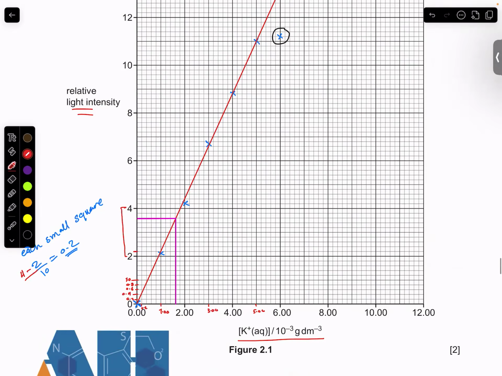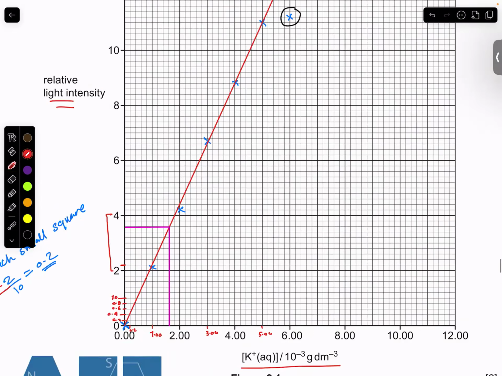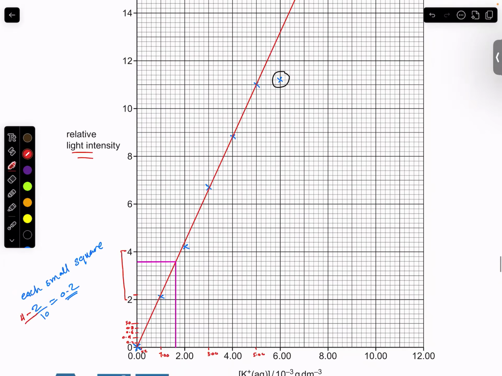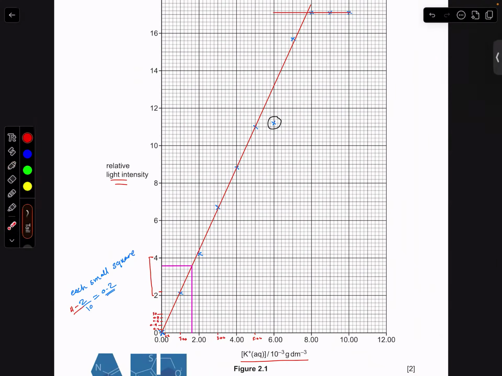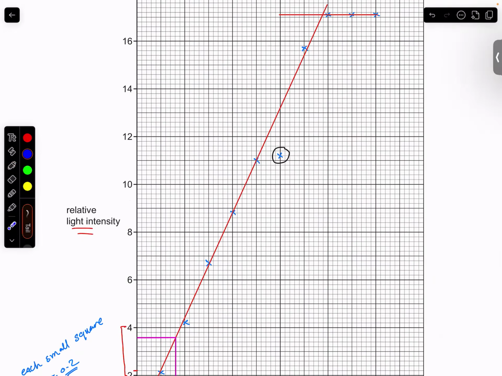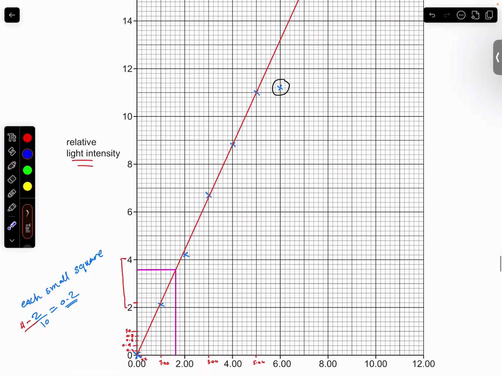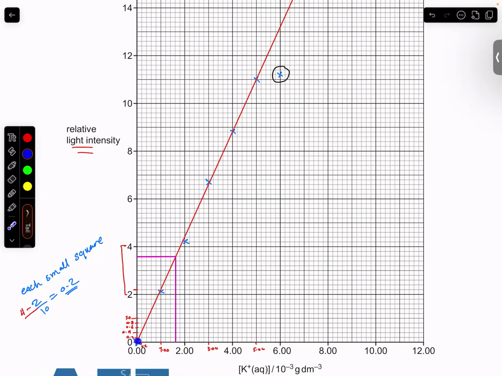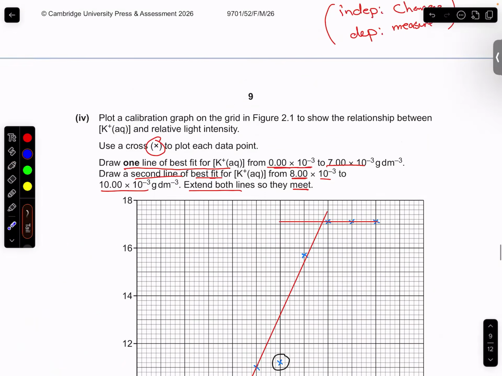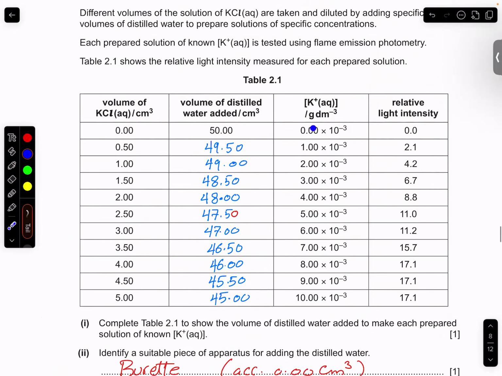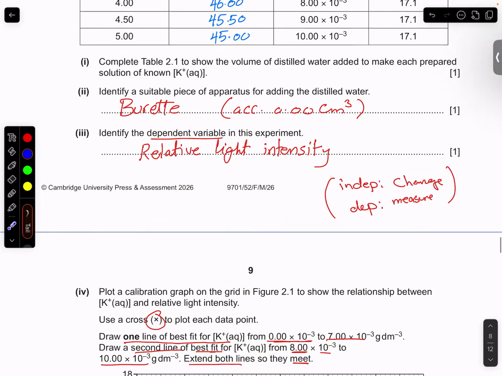But when we plot the points and try to get the graph, make sure, and this is very important, that the line should be of the best fit. What does the best fit mean? It comes out from the origin, because he said here at 0, the light intensity is 0. So it comes out from the origin.